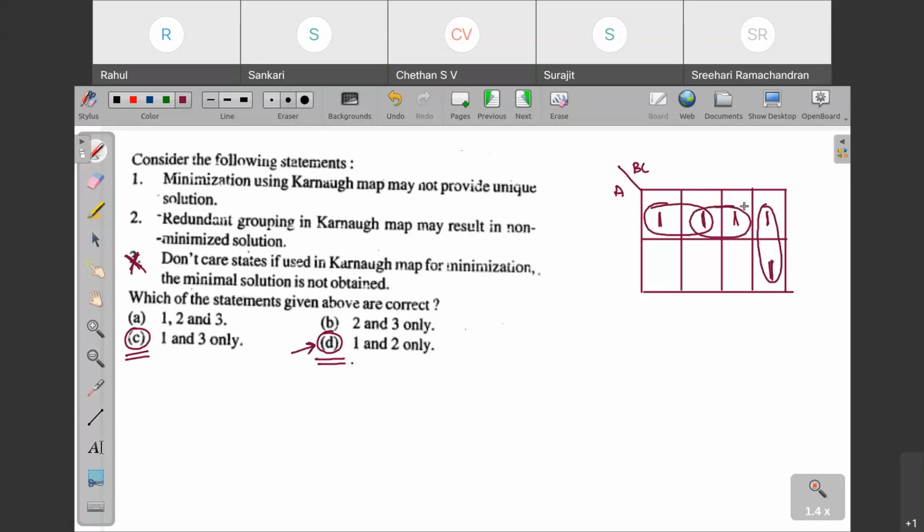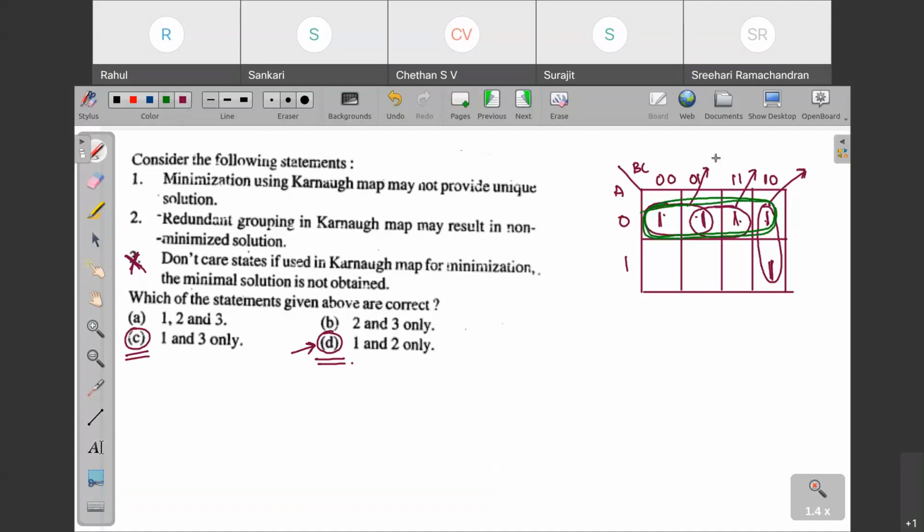So here I will be having three min terms, one for each. Whatever min terms I get, it is correct, but it will not be minimized. Why? Because I have grouped these 4 ones in groups of 2, when I can make a group of 4 something like this.